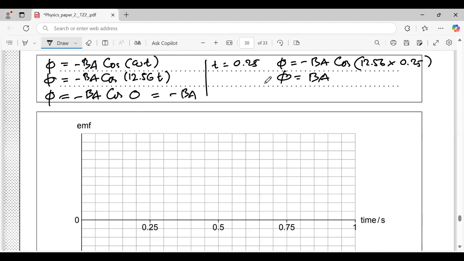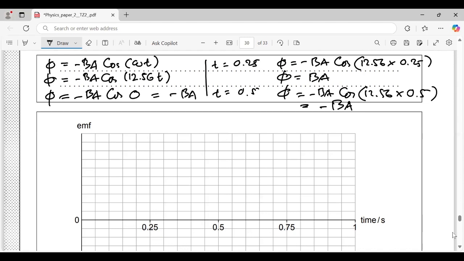Okay, and how about if t equals 0.5? Then phi equals minus BA cosine 12.56 times 0.5, and the result is minus BA, right?